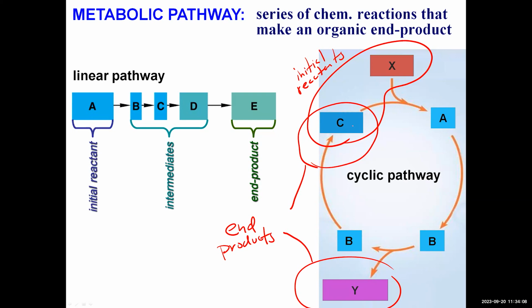Unless we regenerate this initial material, the cyclic pathway will stop. So linear pathways do not regenerate materials. They move from A to B to C to D to E in a linear fashion with intermediates. Cyclic pathways have initial reactants that need to be regenerated. So they are both an initial reactant and a final end product.